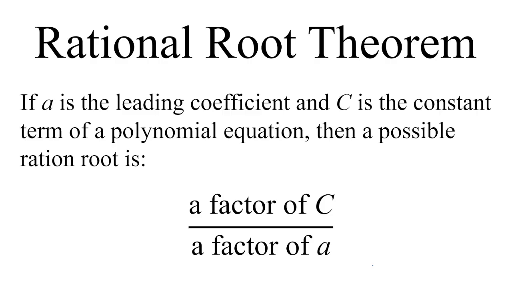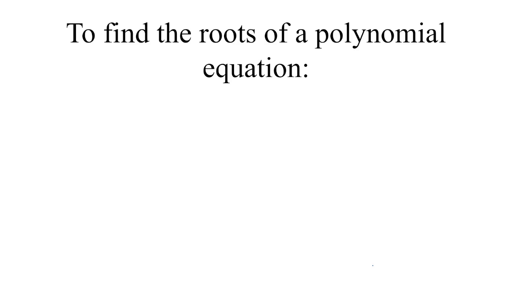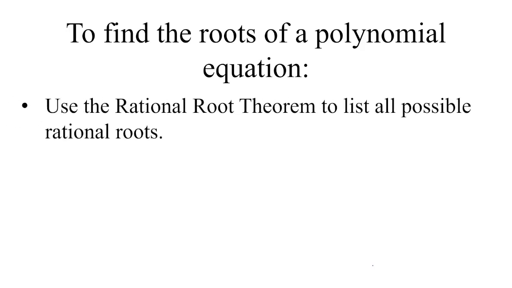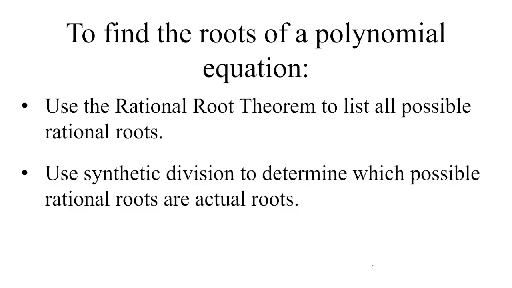So now, how do we find the roots of a polynomial equation? Well, we use the rational root theorem to list all possible rational roots. Then we use synthetic division to determine which possible rational roots are actual roots.